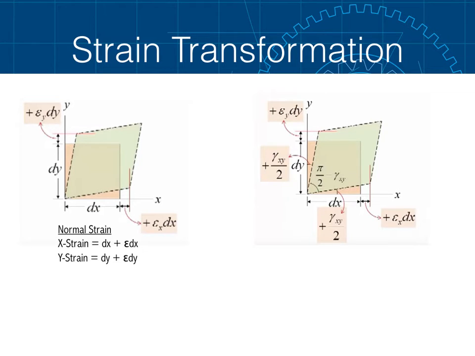Another property of the deformed state is the degree of deformation between the original axes and that of the deformed state. This is the shear strain, indicated by epsilon xy over 2.